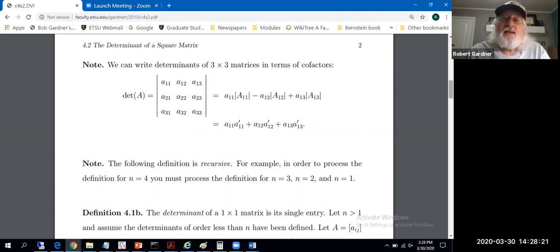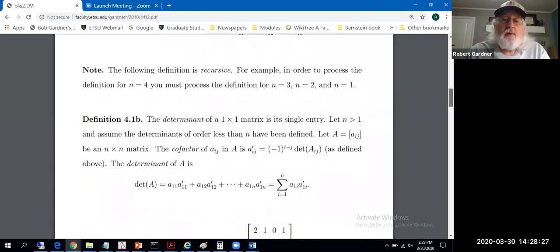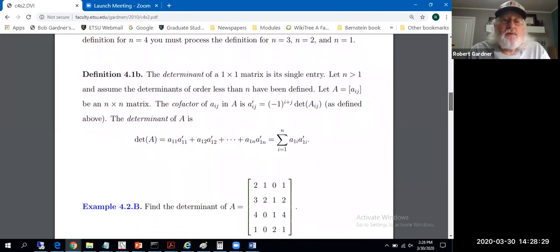So, same idea, iterated. Our definition will be given in terms of cofactors. Okay, so big definition, big difficult definition. We'll decipher it with applications, but the formal definition is, we'll define the determinant of a 1 by 1 matrix as its single entry.